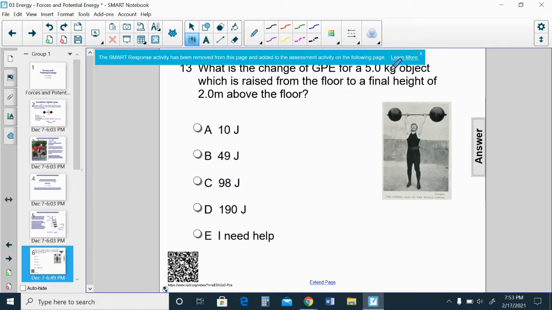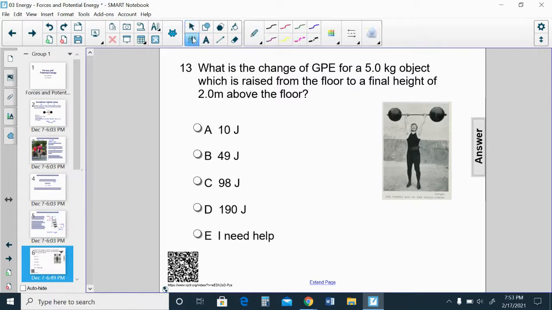All right, let's try some practice. So what is the change of GPE for a 5 kilogram object, which is raised from the floor to a final height of 2 meters above the floor?